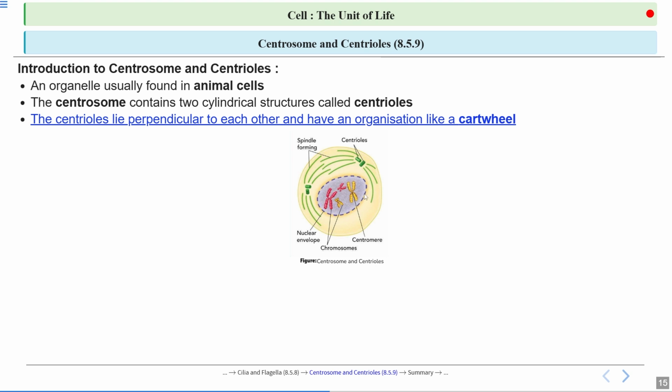The nucleus is surrounded by a nuclear envelope. These are the chromosomes, attached to a point known as a centromere. These are spindles which are forming with the help of microtubules. From the centrioles, these microtubules are arising.